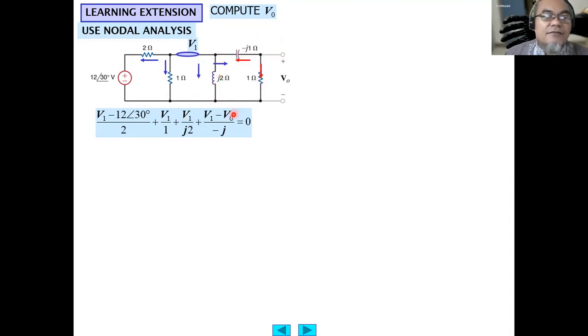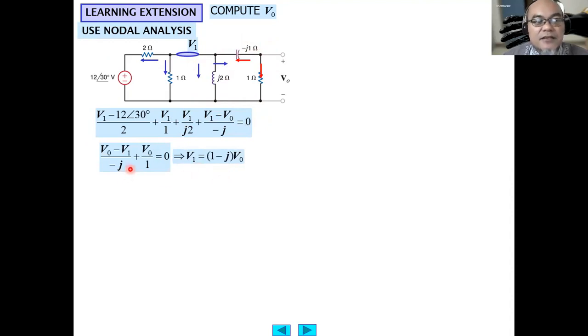So we still have two variables, V1 and V output. Solving for this node, the KCL at this node: V output minus 0 minus V1 divided by minus j, plus V output minus 0 divided by 1 equals 0. So from here, the relationship is V1 equals 1 minus j times V output.